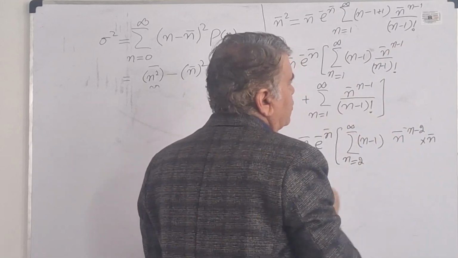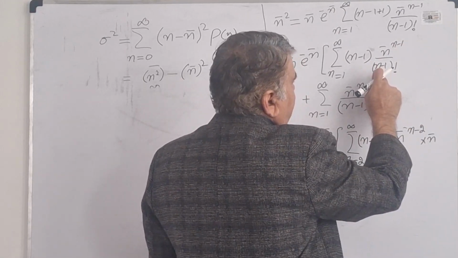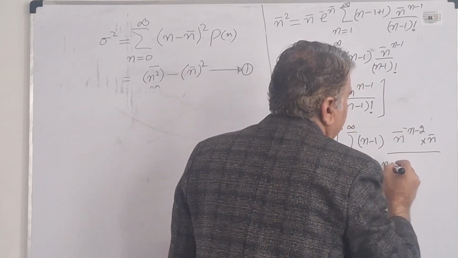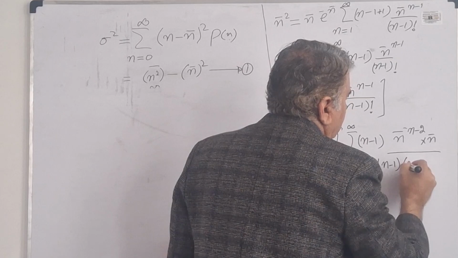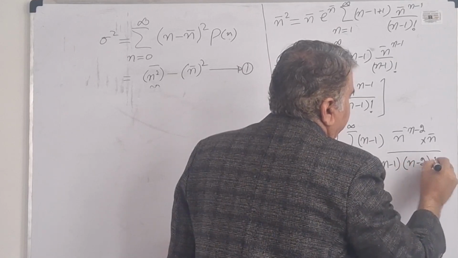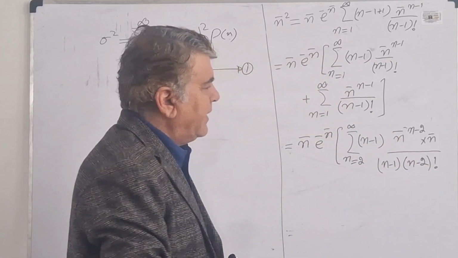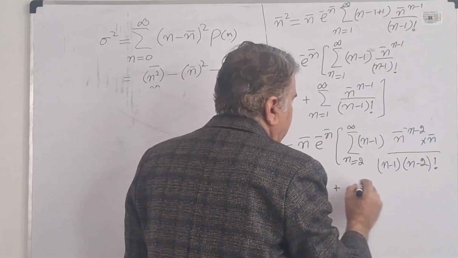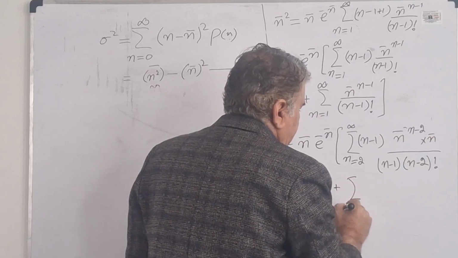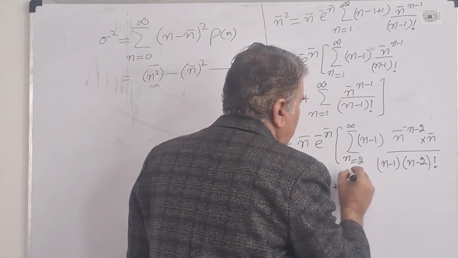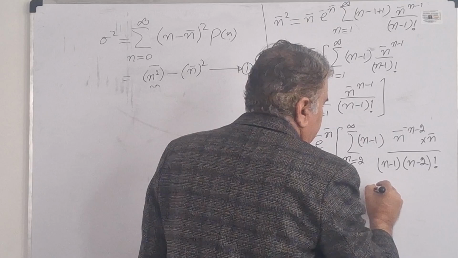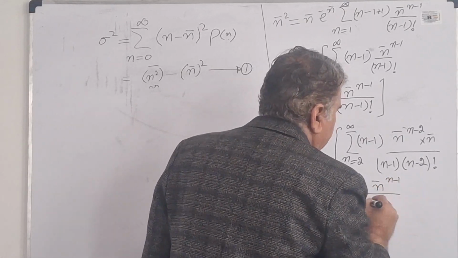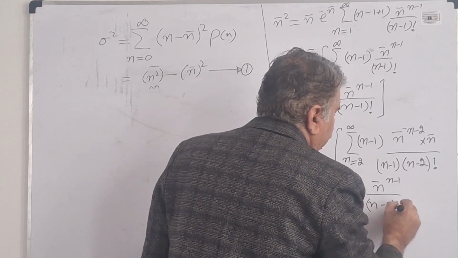to make it n minus 2, and similarly I factorize this n minus 1 factorial into n minus 1 into n minus 2 factorial, writing it like that, and then I write the second term as it is, n equals 1 to infinity n bar raised to the power n minus 1 divided by n minus 1 factorial.